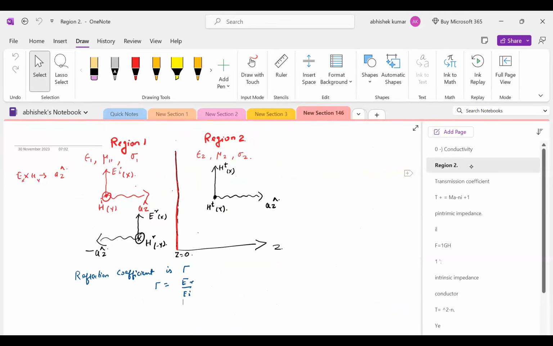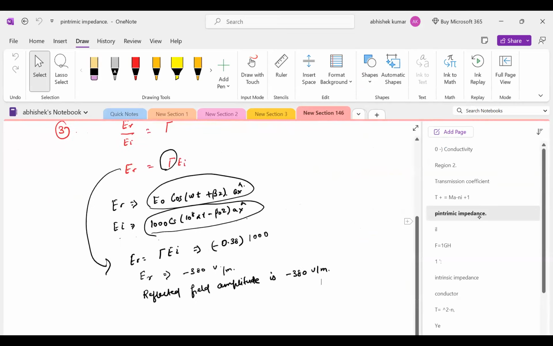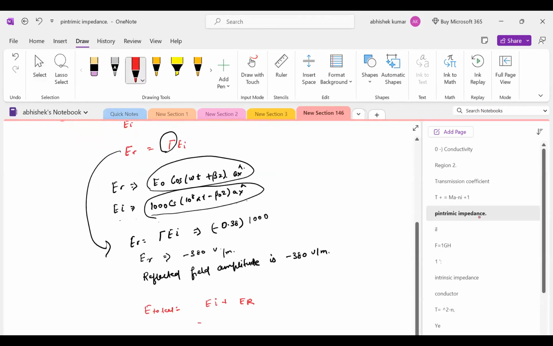Okay. Here, what were we doing? We were doing the E reflected and E incident one by one, right? Here, if I consider our E total, then it will be nothing but this summation. E total will be EI plus ER. And what was EI? EI was 100,000 cos pi t minus beta z.